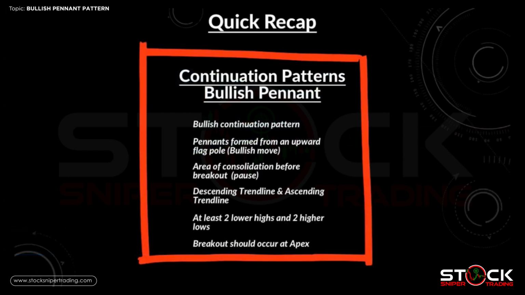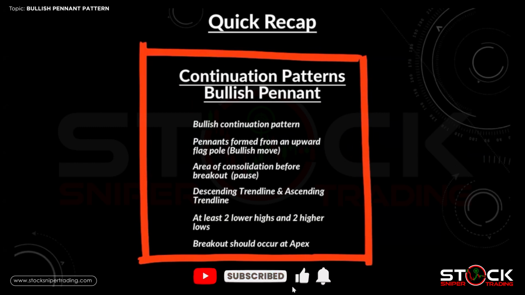A quick recap. Our bullish pennant is a bullish continuation pattern. Pennants formed from an upward flagpole is our bullish move. The area of consolidation before the breakout is our pause or exhaustion, which creates the pennant. The bullish pennant is characterized by a descending trend line and an ascending trend line.